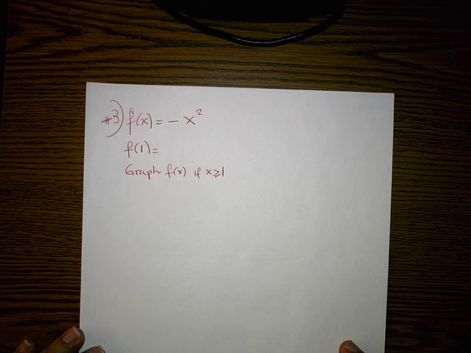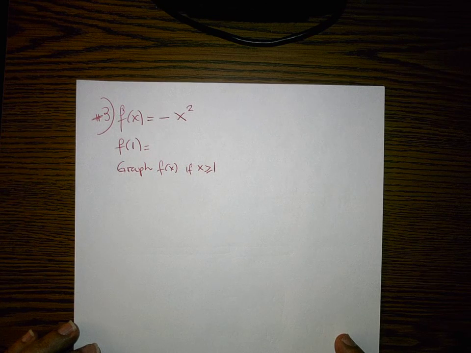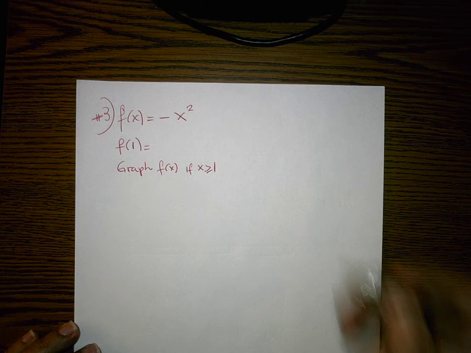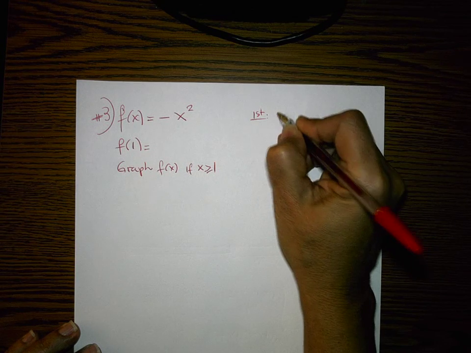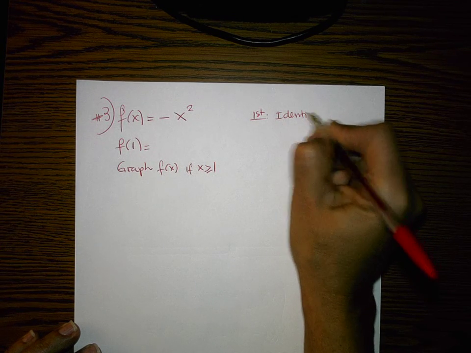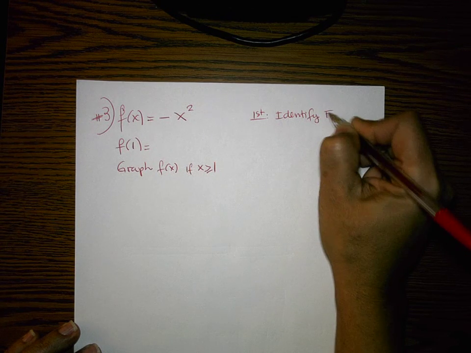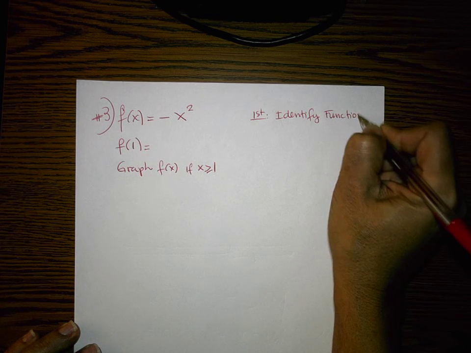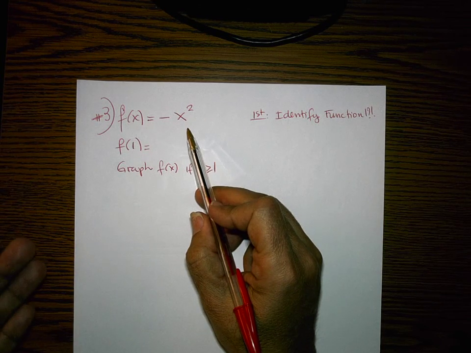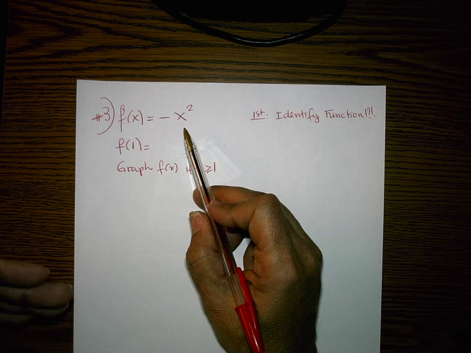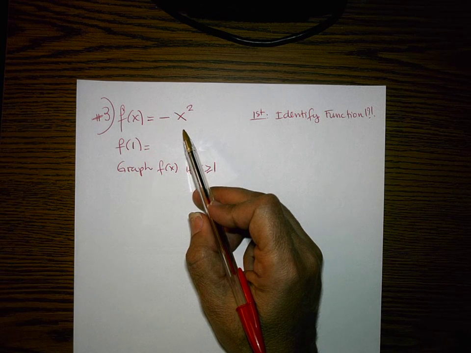Let's get started. The first thing I do, before I even start graphing, is I identify what type of function I have here. What is it going to look like? It is good to have a vision of what it's going to look like before you even start.